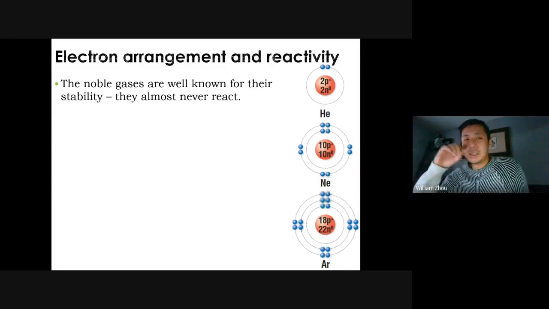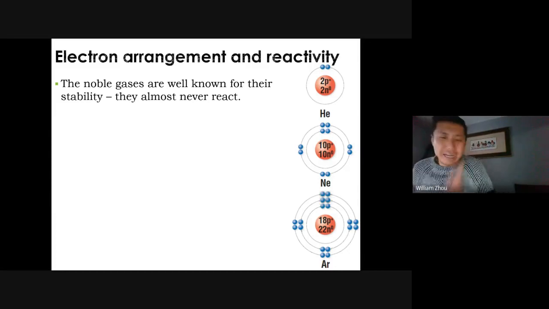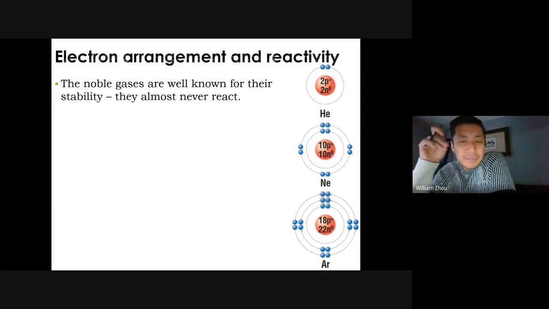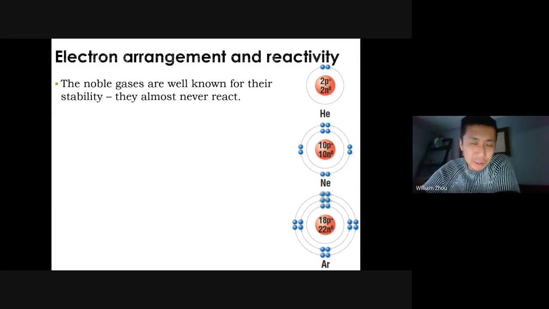Okay. So now we come to electron arrangement. Okay, so still review of grade 9. If you look down a column on the periodic table, you can see that they are going to be very similar. Okay, you're going to have similar structures. So if you look at the picture on the right, you have the noble gases.